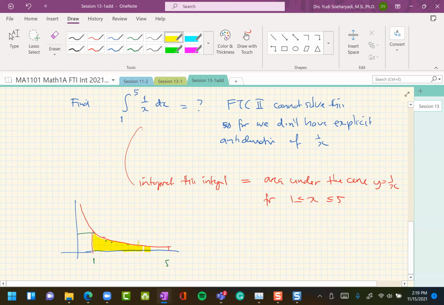You see, this area exists. It's there, so you should be able to compute it. The region exists.